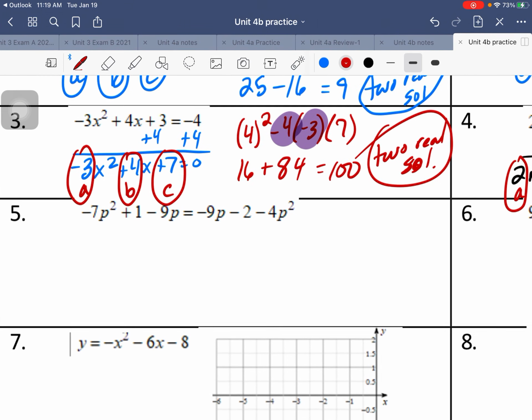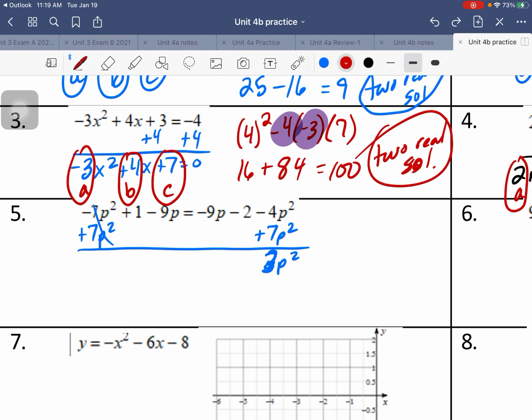All right, number 5. We have to look into this a little bit closer here. It's not standard form at all. It doesn't matter which side of the equation you go to. I noticed that if I add 7p squared, that will give us a positive 3p squared. It does not matter. I try to keep the A positive, but it really does not matter.